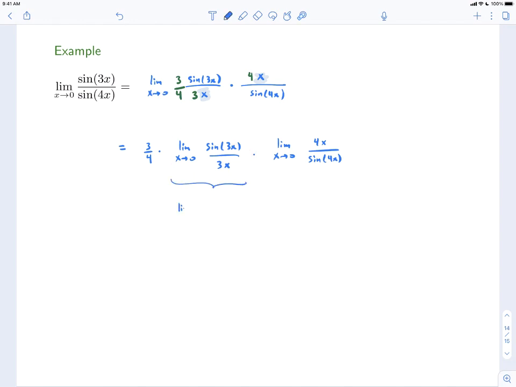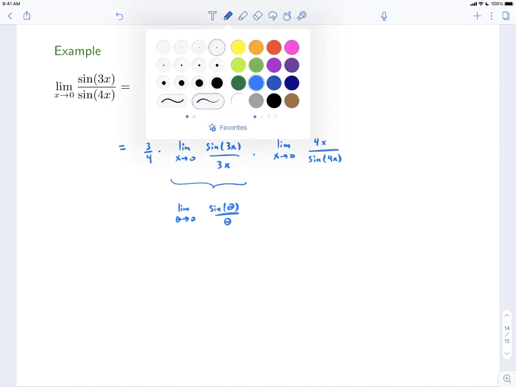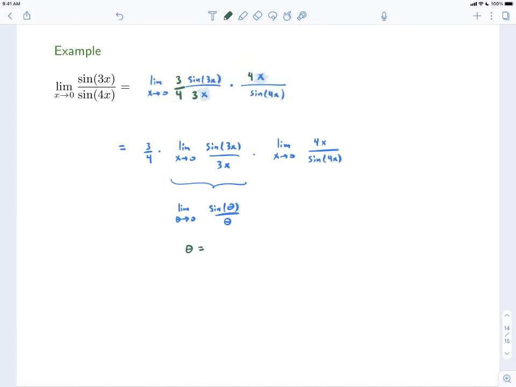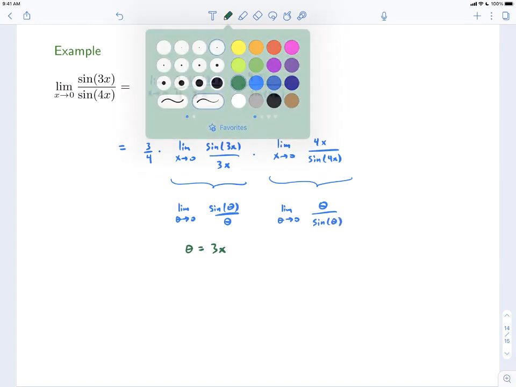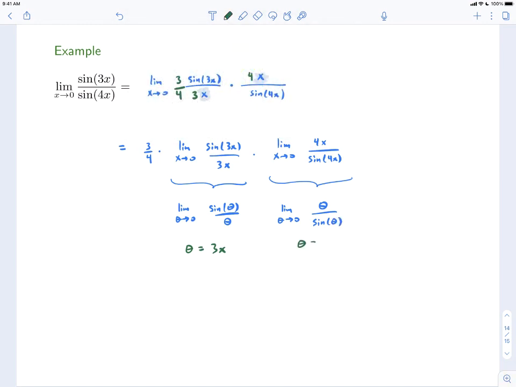So this is the limit as theta goes to 0 of sine of theta over theta, where in this case, theta is equal to 3x. What about the other one? The other one here, this is the limit as theta goes to 0 of theta over sine of theta, where in this case, theta is equal to 4x.